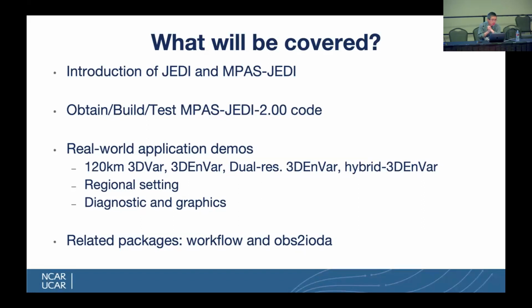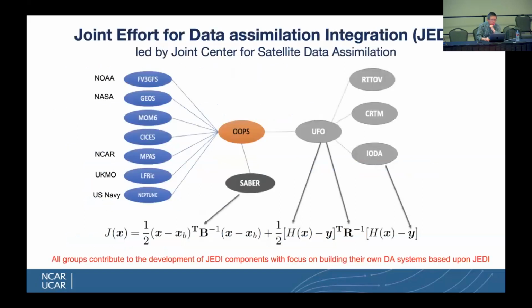I mentioned we can do both global and regional. In the software, we also developed diagnostic and graphic packages you can use. I will not have time to demo, but I will also introduce some other packages the NCAR team developed for the data assimilation workflow and the observation conversion.